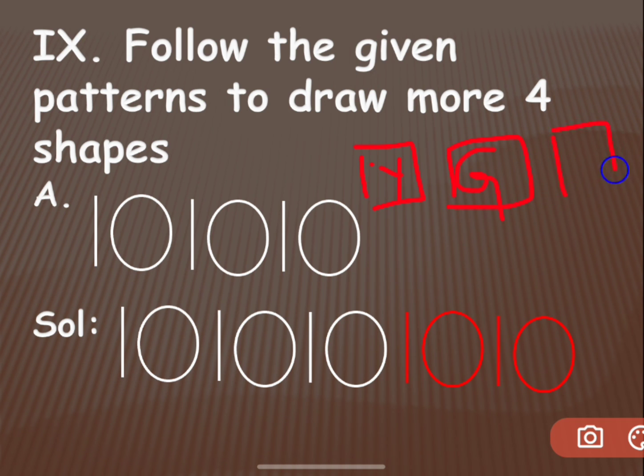Another square I have given which is blue in color, and next again I have kept the yellow square, then green square, then blue square. So the pattern is yellow square, green square, blue square. The color might change. Look at the question, understand the pattern, and draw the next four shapes.